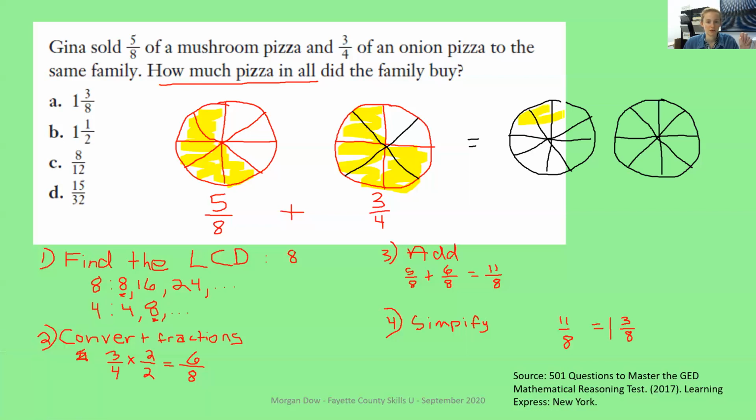So I'm going to have 8 slices, 8/8, plus another 3/8, right? This is 11/8, or we could call it one whole pizza and 3/8, 1 3/8. So A is our final answer.